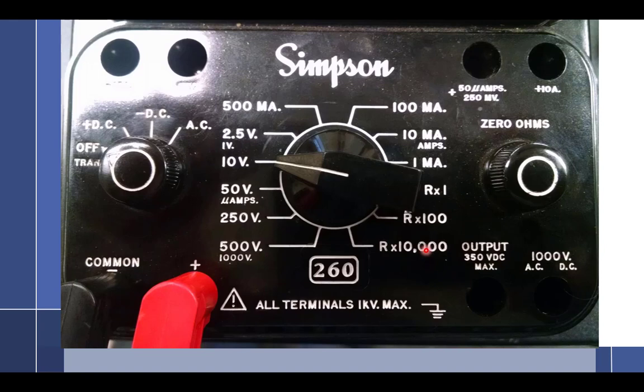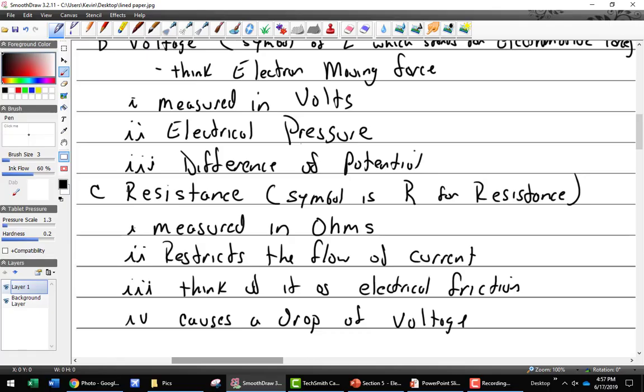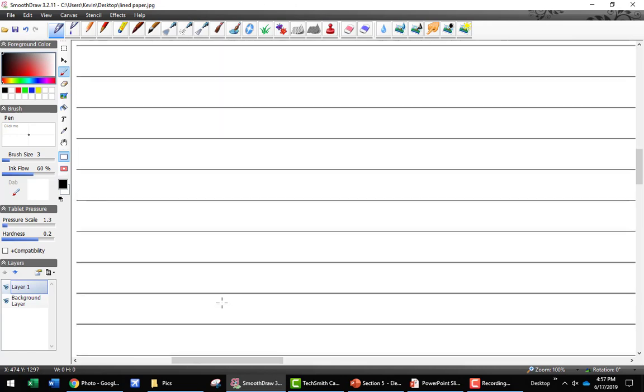And that's all we got to learn right now is how to read this right here.